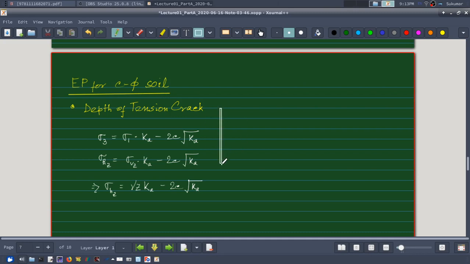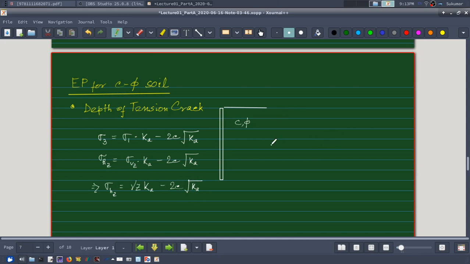Say this is my retaining wall and this is my C-phi soil, horizontal C-phi soil. And therefore you see this Ka is constant, C is constant, so it is constant throughout the depth.